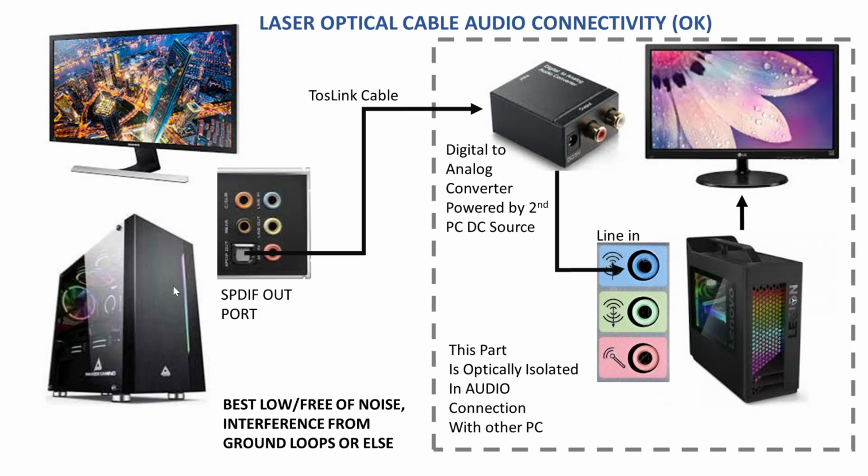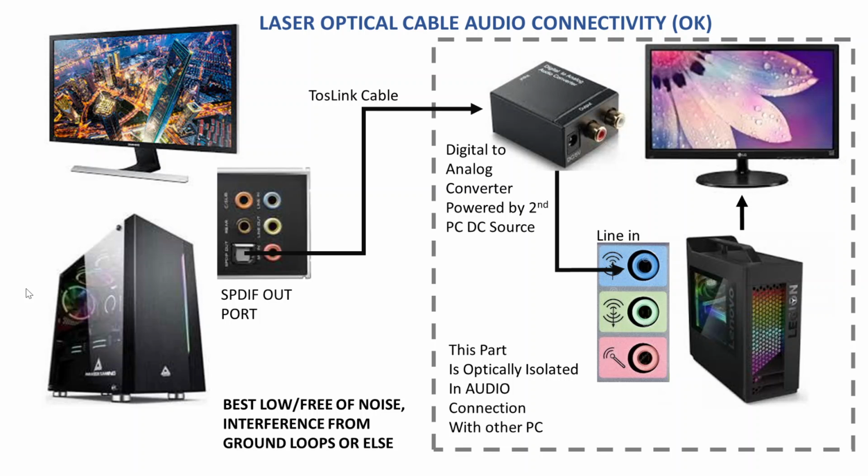And this solution is fully hardware, so there's no software involved. I just connect this from here and you set the output from here to this port. They call it digital. Usually if there's a driver, it's a Realtek chip, so it will be Digital Realtek Output.